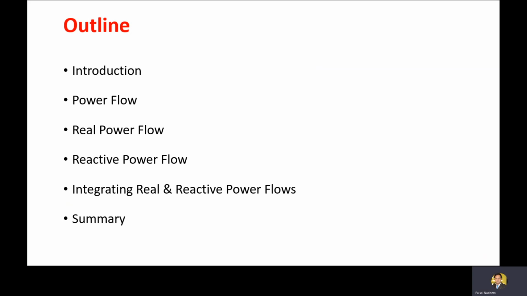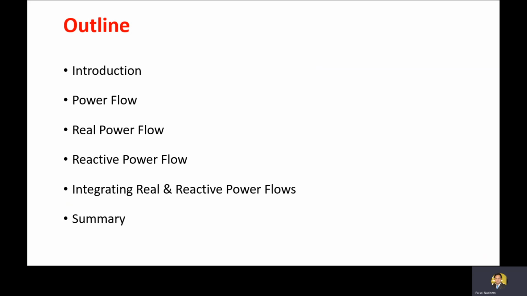This is the outline of my talk. At first, I will introduce the transmission lines and its various parameters that affect the flow of power on transmission lines. This will be followed by the general concept of power flow.